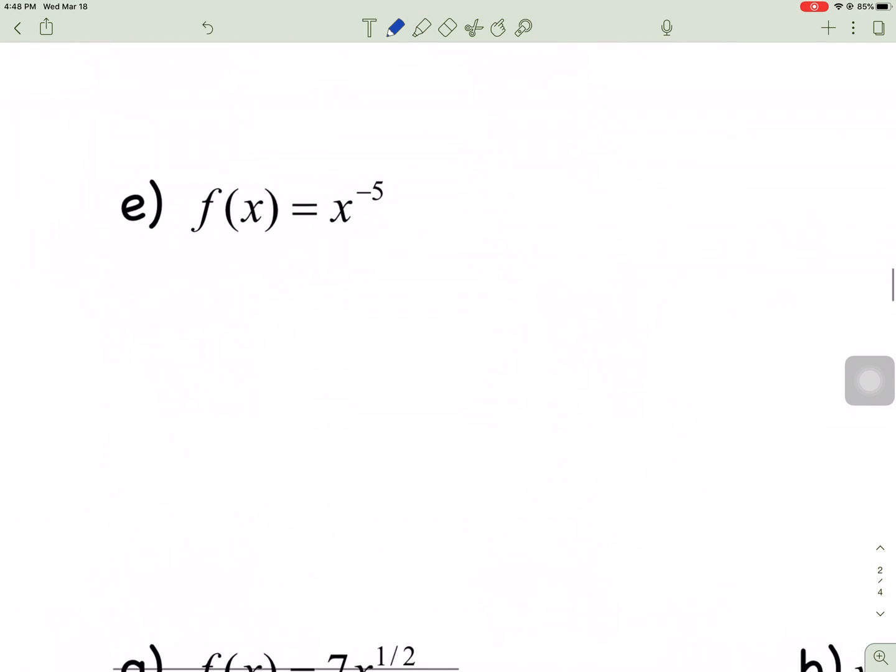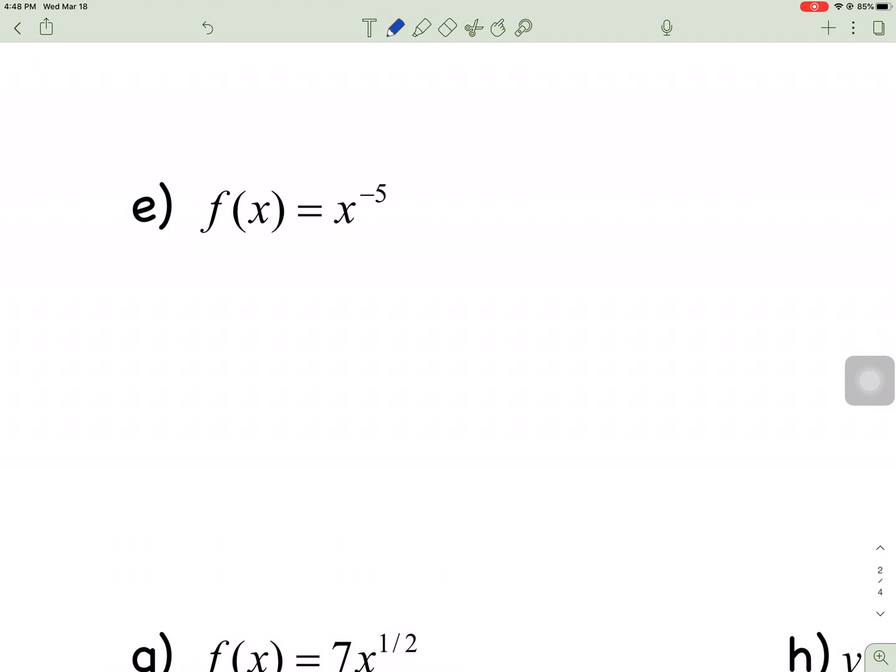We could do some trickier ones down here. x to the negative 5th: f prime of x will be negative 5x to the negative 6th, which, if we don't like it written this way, to make a negative exponent positive, we can write this as negative 5 over x to the positive 6th, which in multiple choice it might give us that way.